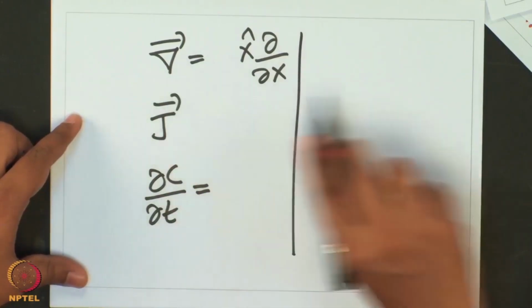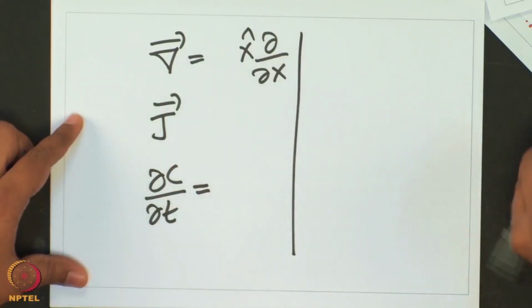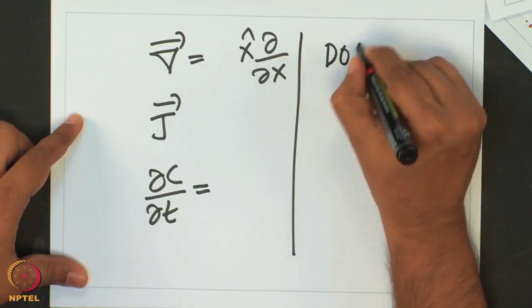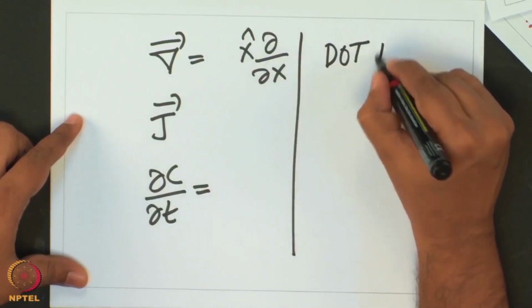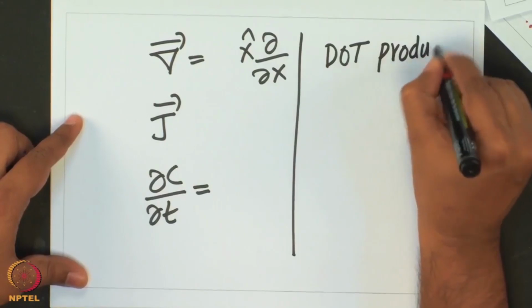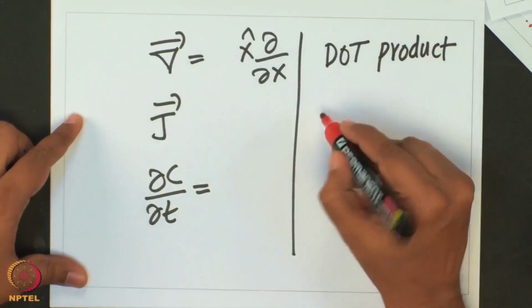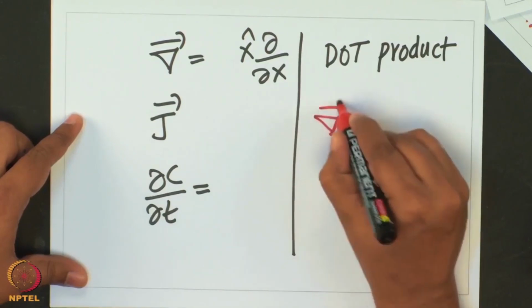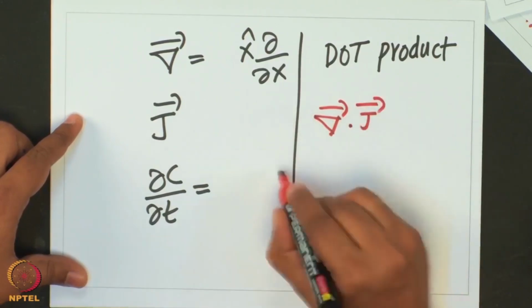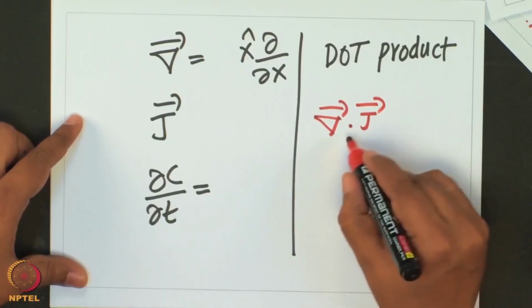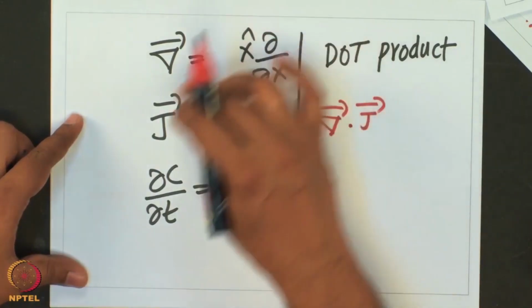So, making a scalar is called a dot product. There is something called a dot product in mathematics, which is basically del dot J. Del dot J is a dot product. This means that this dot this.